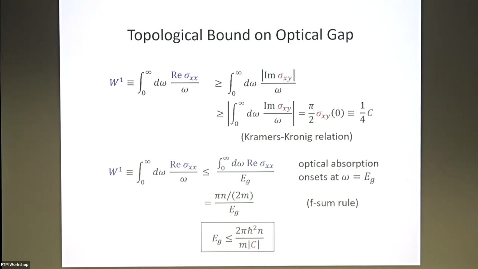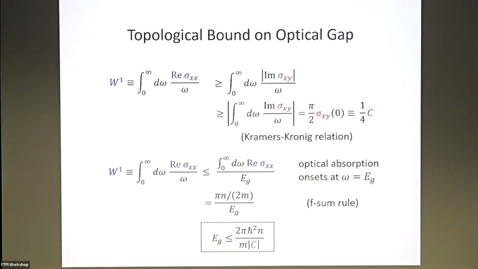if you look at W1, this negative first moment, I can get a lower bound by replacing the real part of sigma xx with the absolute value of the imaginary part of sigma xy. I can lower bound this by bringing the absolute value outside the integral. And then this integral here is the imaginary part of sigma xy divided by omega.